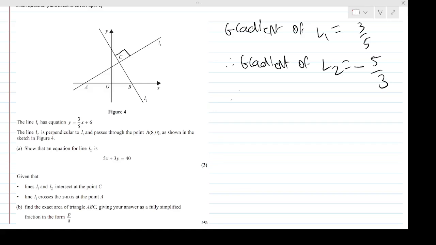So there we are. That means then we can get an equation of L2. So y equals mx plus c, so y equals minus 5 over 3x plus c. Now we need to find that c value, okay, the missing number there. Well, we need to know a point on the line.